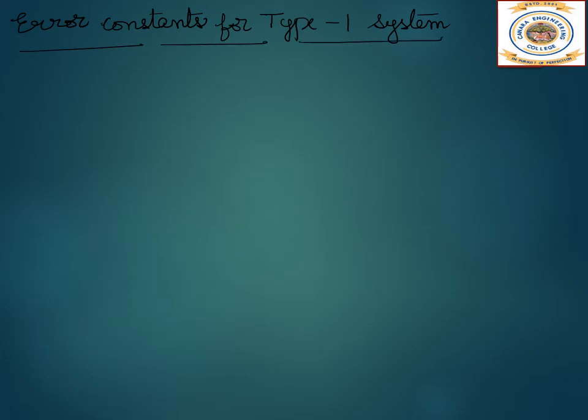So how do we represent a type 1 system? G(s) H(s) is K, some numerator, and in the denominator we have s. This is type 1, so s to the power 1 is here. Therefore it is a type 1 system.